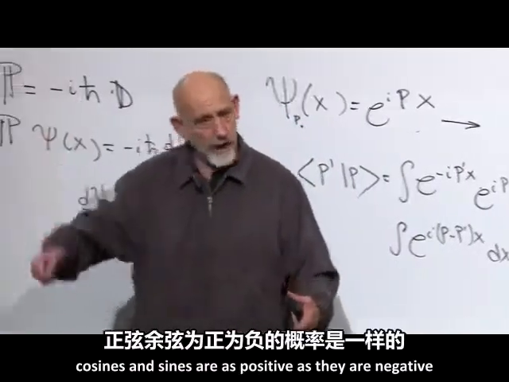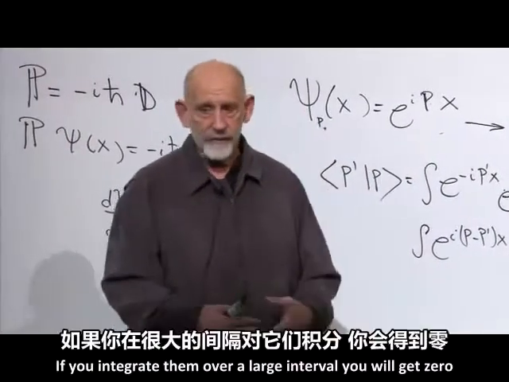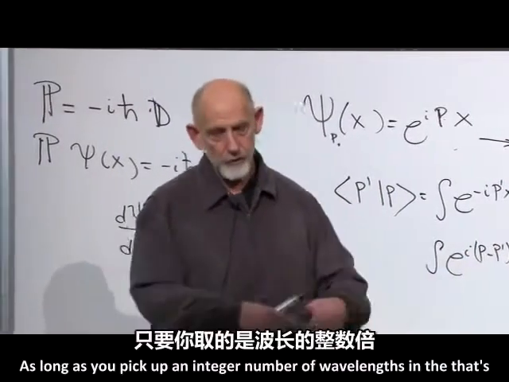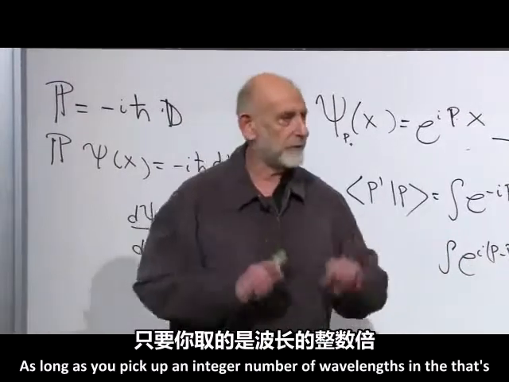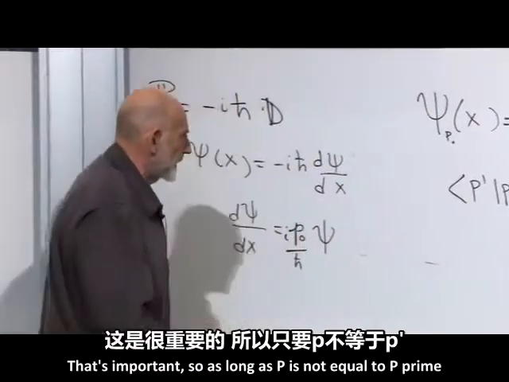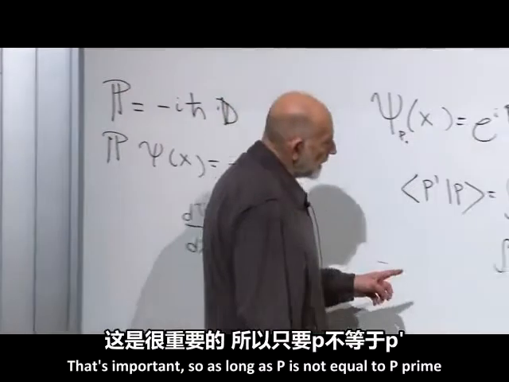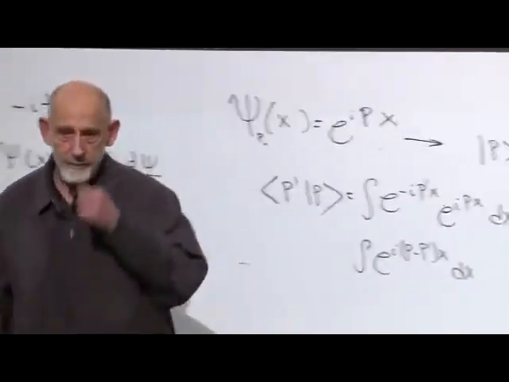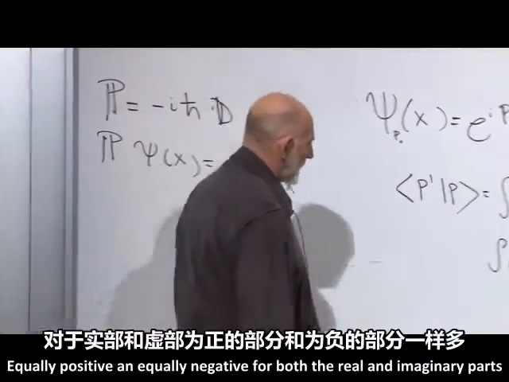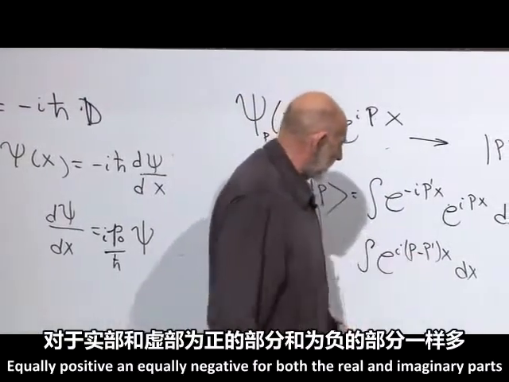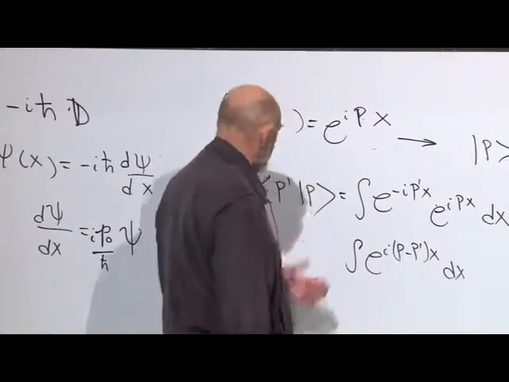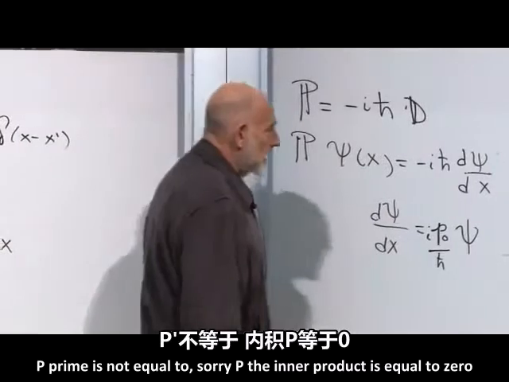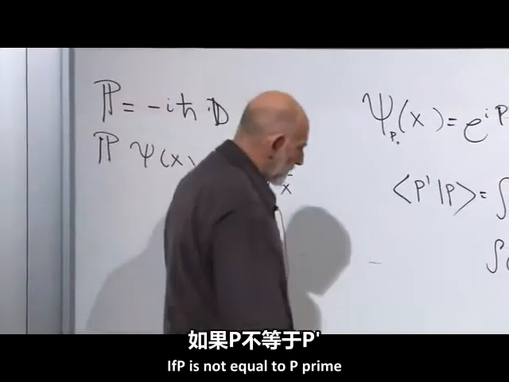Cosines and sines are as positive as they are negative. If you integrate them over a large interval, you'll get 0, as long as you pick up an integer number of wavelengths, and that's important here. So as long as p is not equal to p prime, this integral just oscillates itself to 0, equally positive and equally negative for both the real and imaginary parts. So the inner product is equal to 0 if p is not equal to p prime.